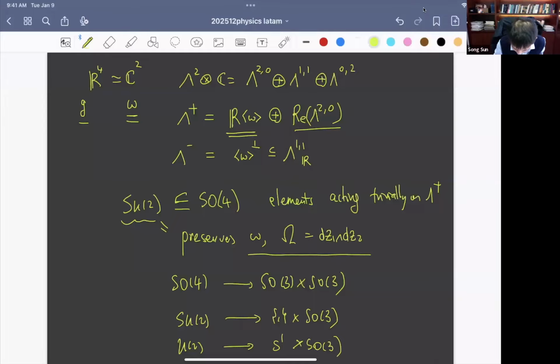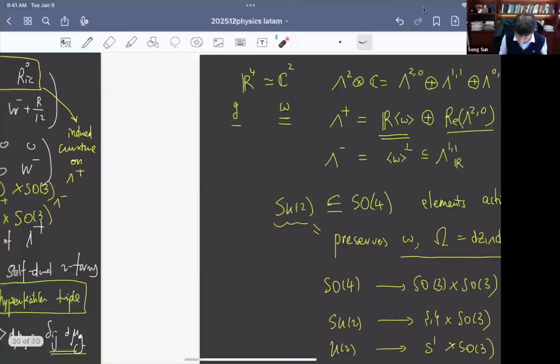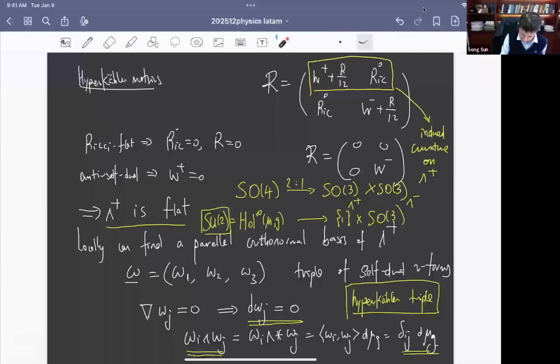Anyway, the key point is that if lambda plus is flat, then the holonomy group will be contained in SU2, and this is Calabi-Yau in four dimensions, right? Okay. But SU2 is also equal to Sp1.